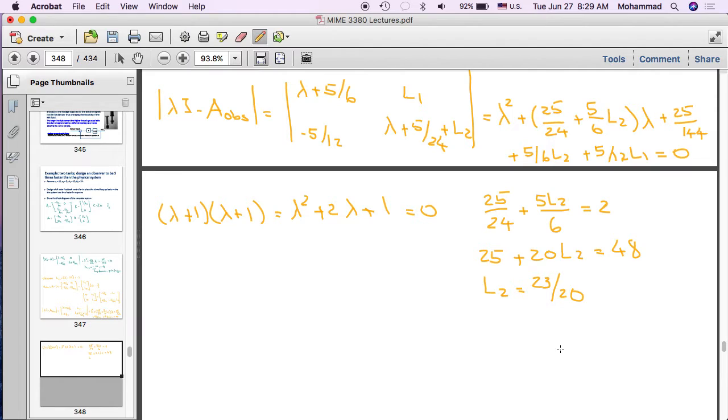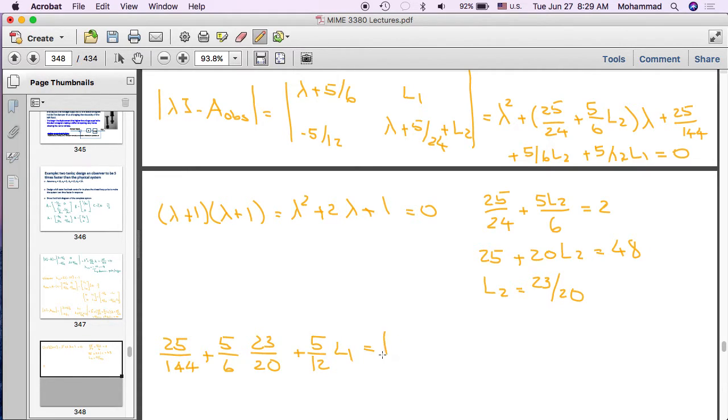And the next expression is to find L1. So we have 25 over 144 plus 5 over 6 times 23 over 20, I'm substituting for L2, plus 5 over 12 L1.